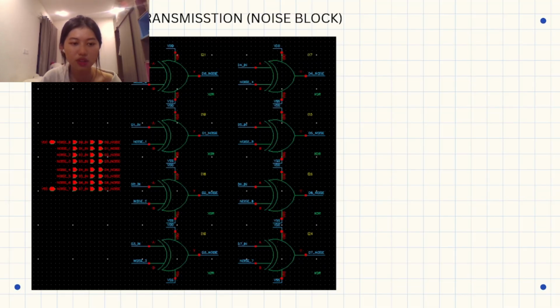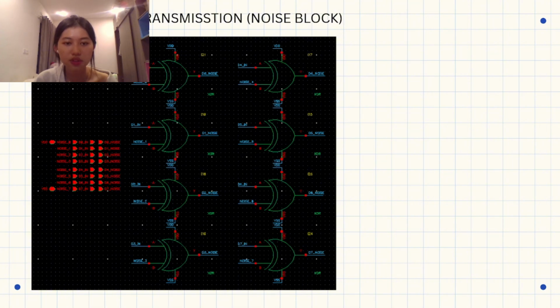It's very simple: we decided to XOR the original data with the VDD or VSS. Because VSS equals 0, 1 XOR 0 will be 1, and 0 XOR 0 will be 0.